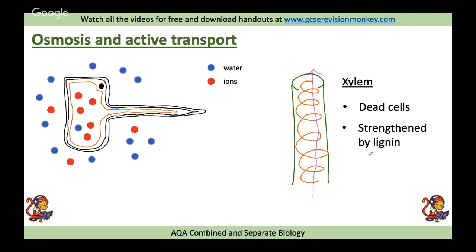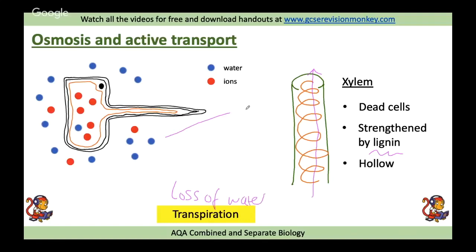It's strengthened by lignin, because if you just had dead cells, it would be very brittle. And it's hollow to allow the water and the ions to move up. And the loss of water from a plant is called transpiration. So if you have a leaf, we'll talk about the leaf later, you've got holes on the bottom, and unfortunately, water can be lost.